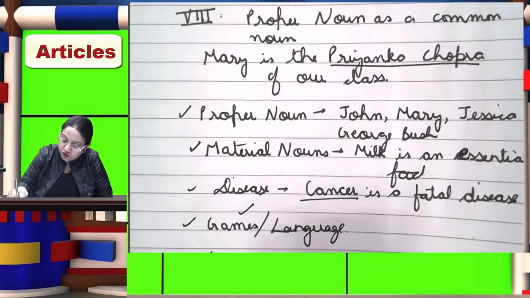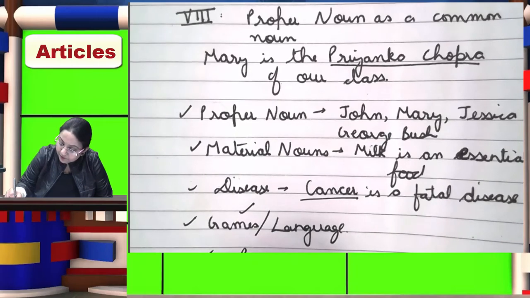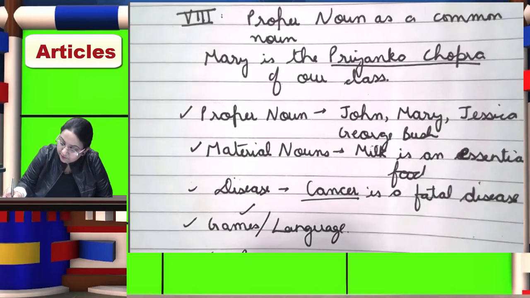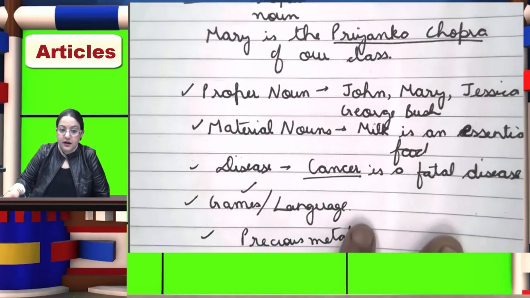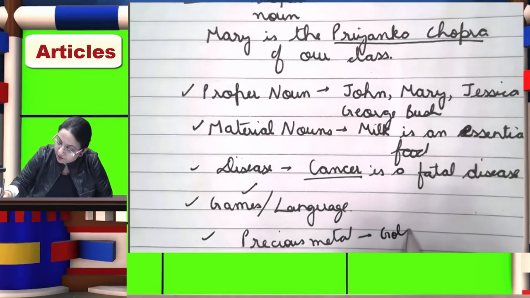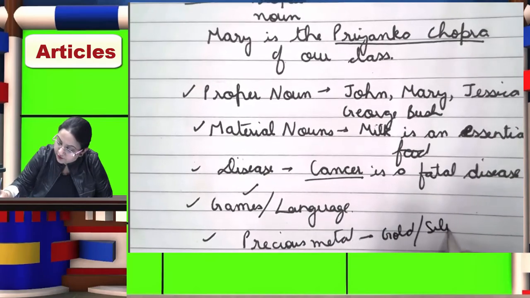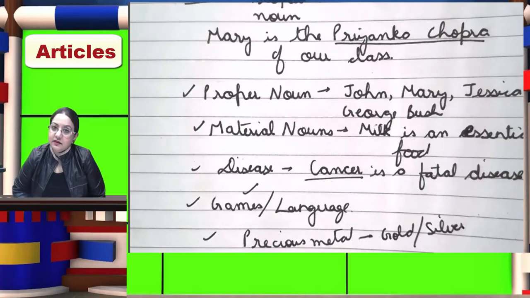Similarly, when I am talking about any precious metal, like gold or silver, I am not using a and the with the name of the precious metals.